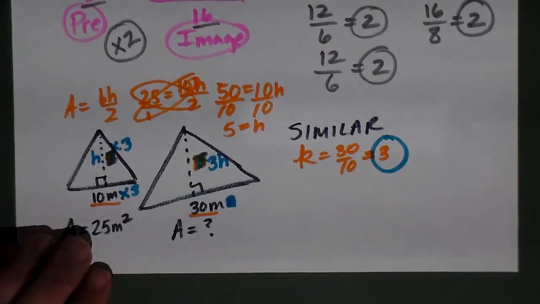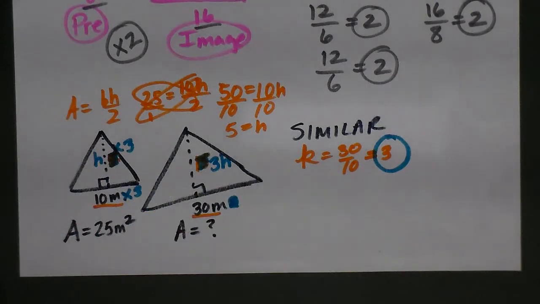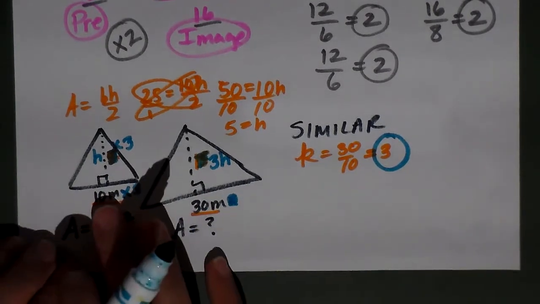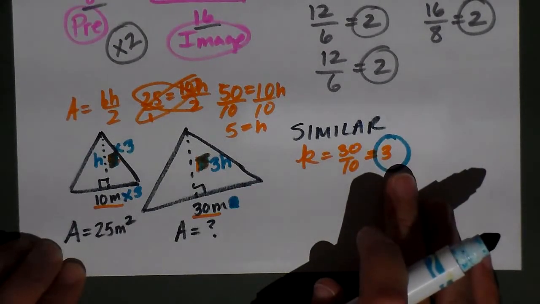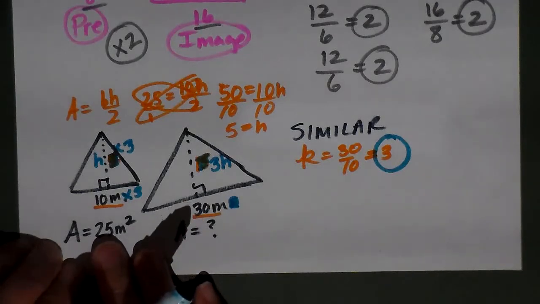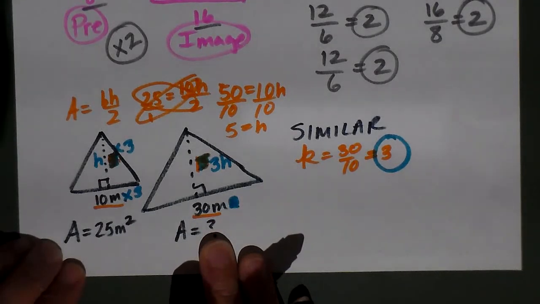So how many times am I actually multiplying by 3 to increase the size of my triangle? Twice. When you do one dimension, like side to side, you multiply by 3 once. When you go from area to area, you multiply by 3 twice.